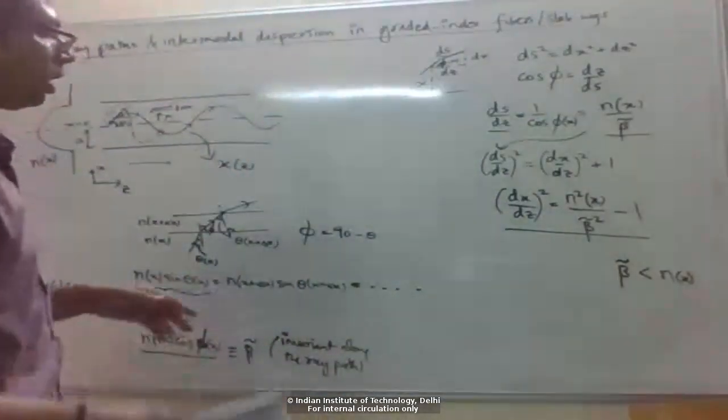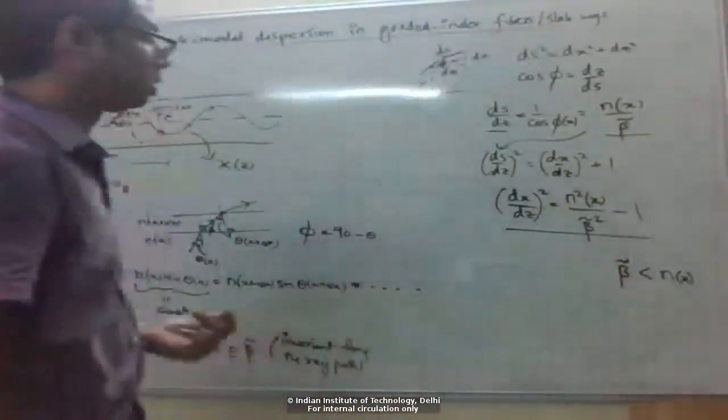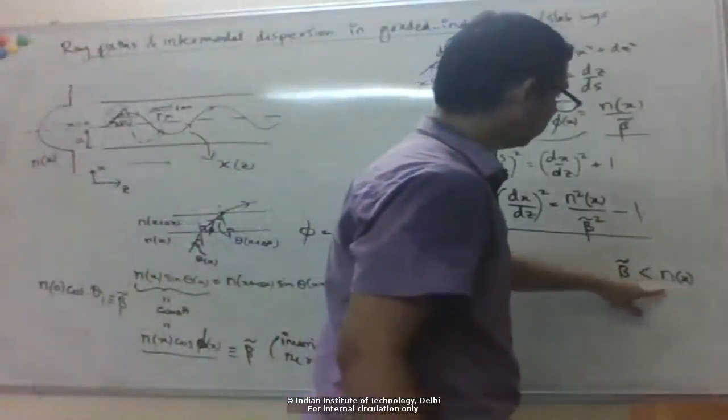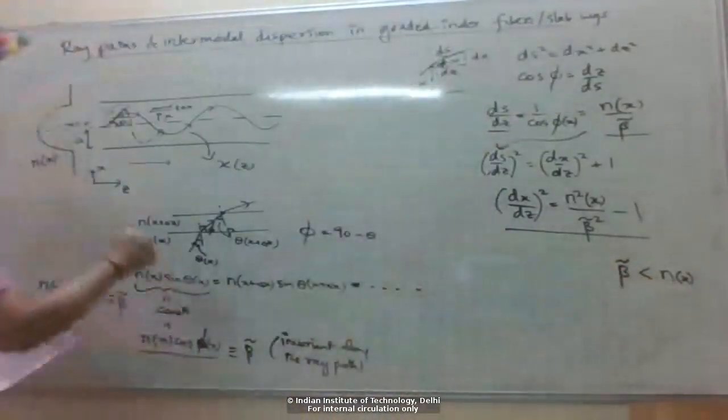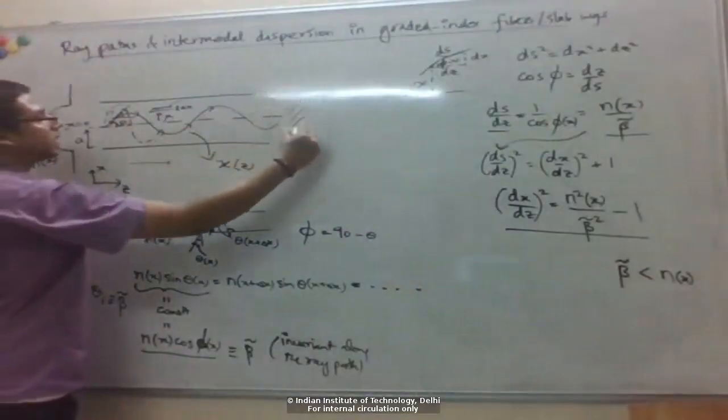So if I choose a particular beta, right, then the ray path exists only in the region where the refractive index is more than this beta, right? So the ray will only exist in this region.